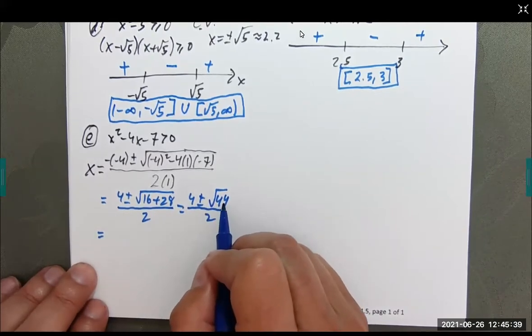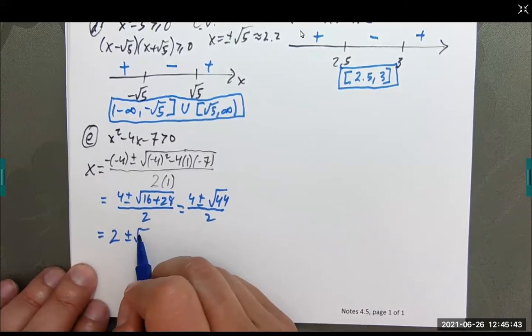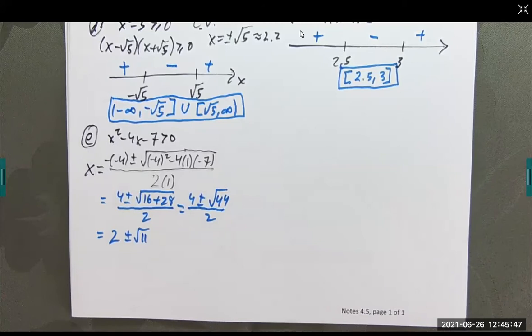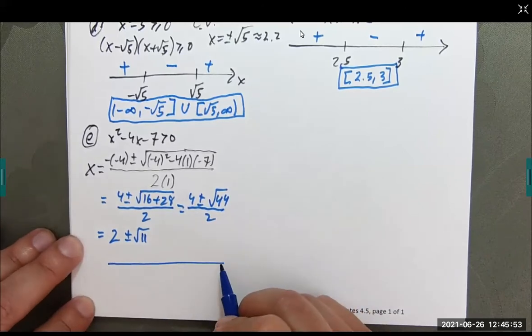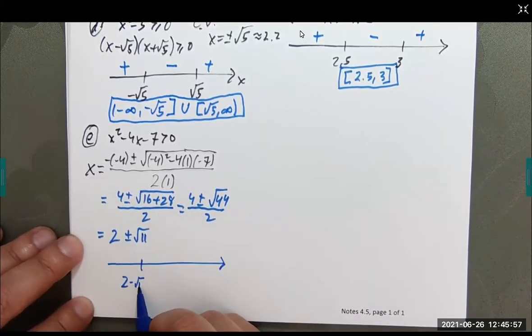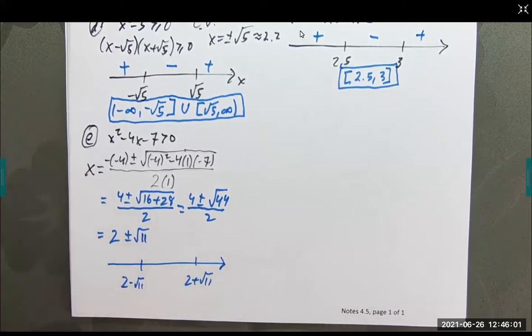That'd be left with 11 there. Factor the 2 out, that's going to give me 2 plus or minus root 11, it looks like. And let's see what we can get from that. So these are my critical values here. So 2 minus root 11, 2 plus root 11.